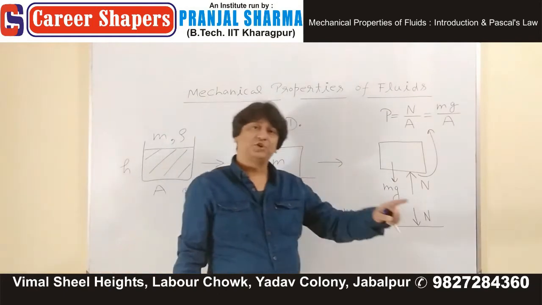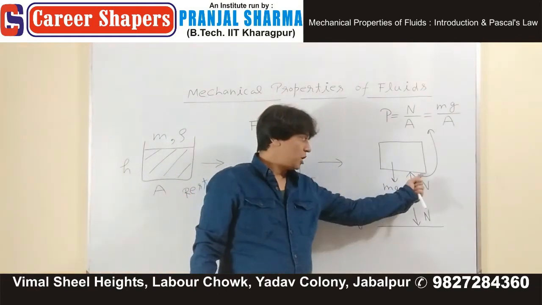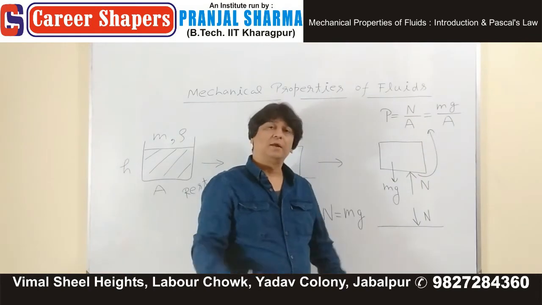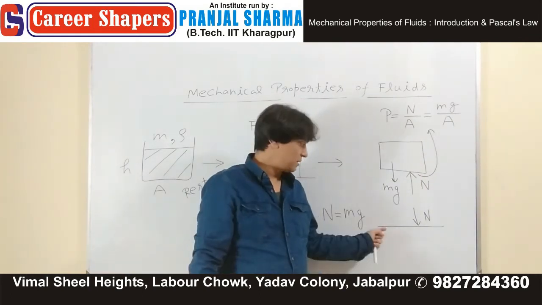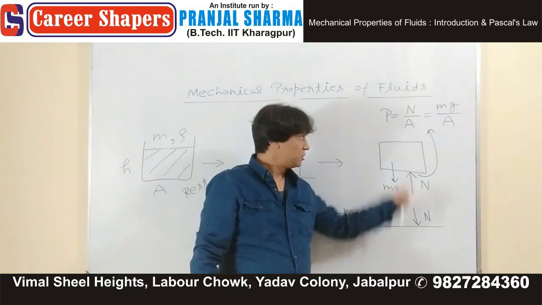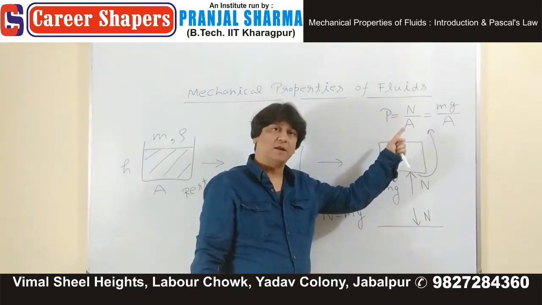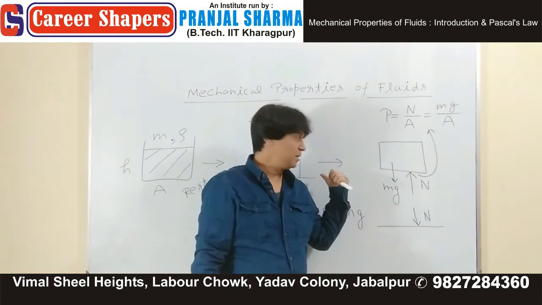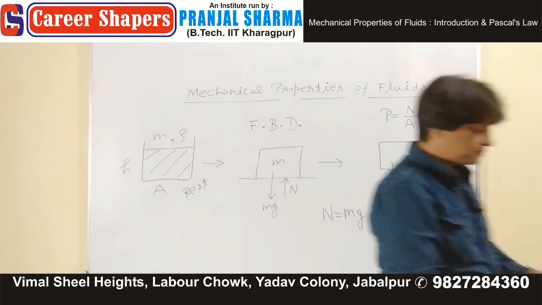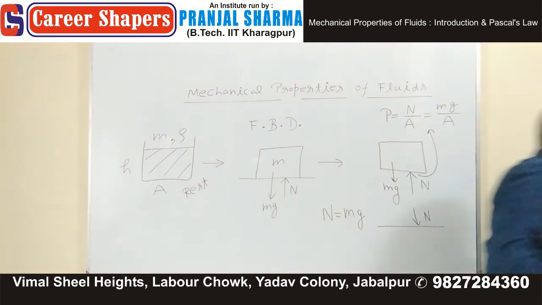So what is pressure acting at the bottom of the liquid column? mg upon A. At the same time, what is pressure acting at the base of the beaker? That is also mg divided by A for this particular setup, because N is mg.